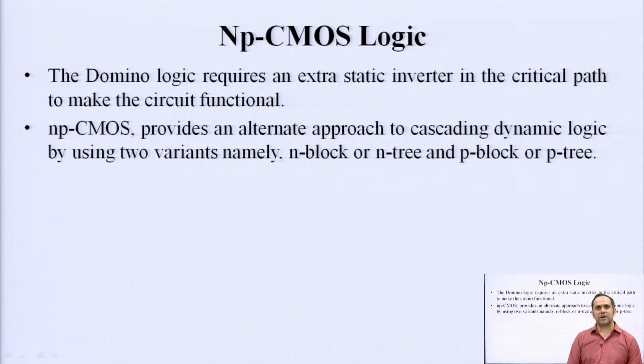But if you implement a logic only using N type devices, it will work in many conditions, but there may be certain conditions where there might be issues related to signal integrity, signal strength, the effect of noise, because an N channel device is going to have a positive threshold voltage.